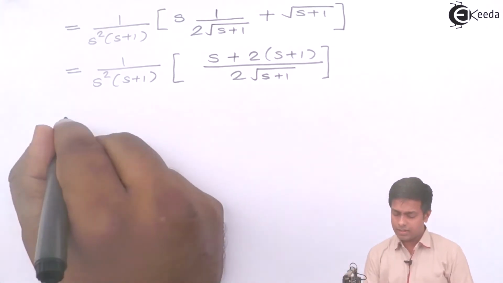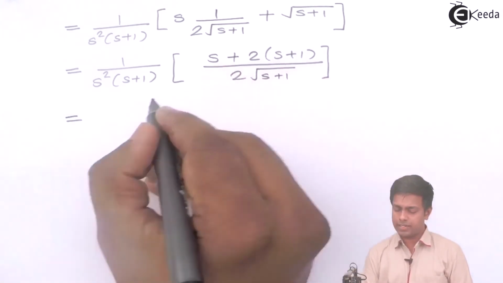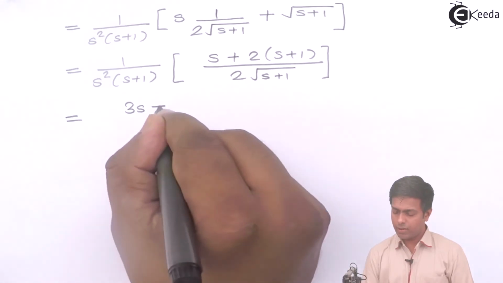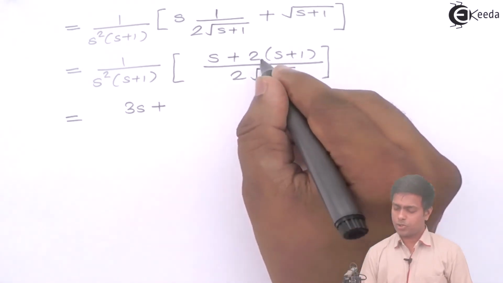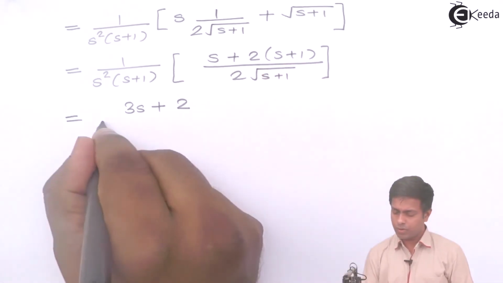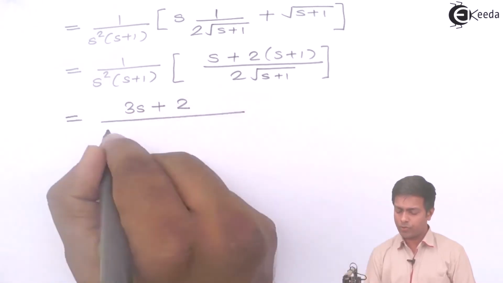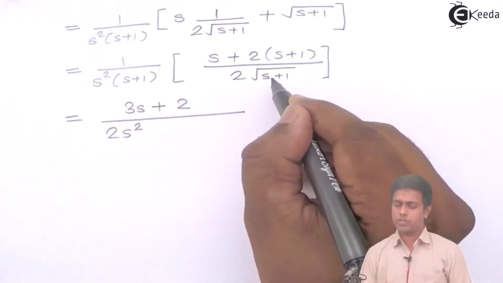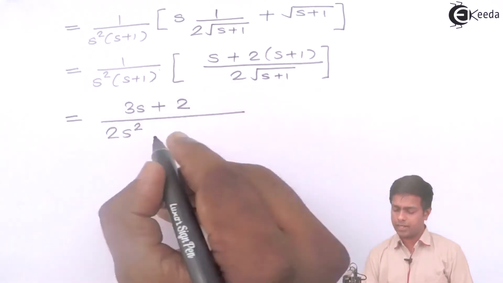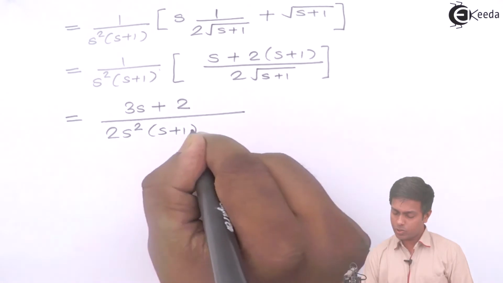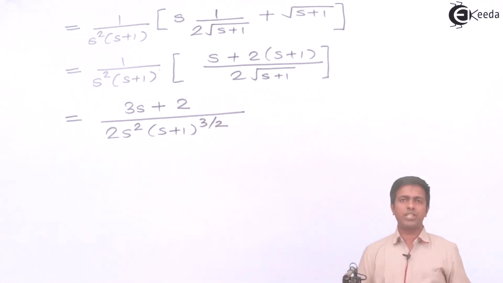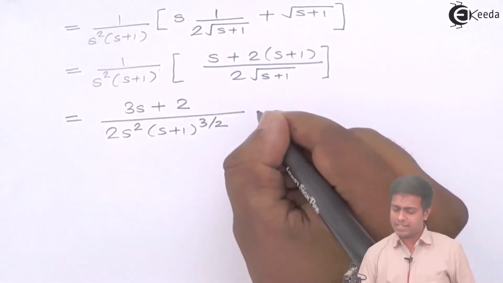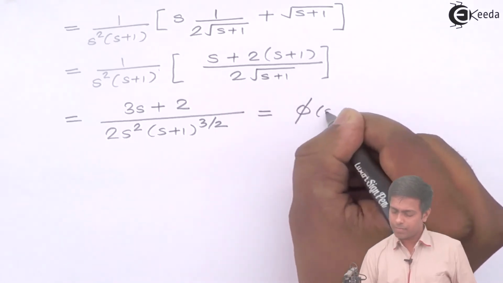Now guys, this is 2s plus s, that is 3s, plus 2 into 1 is 2, upon 2 into s square, 2s square. This is s plus 1 raised to 1, this is s plus 1 raised to half. If I multiply this, I'll get s plus 1 raised to 3 upon 2 by using laws of indices. And guys, this is nothing but my phi of s.